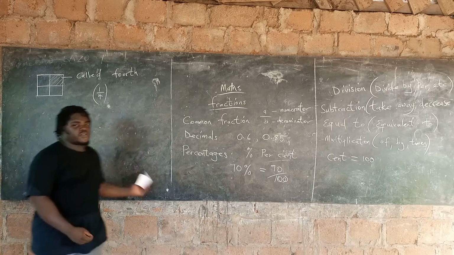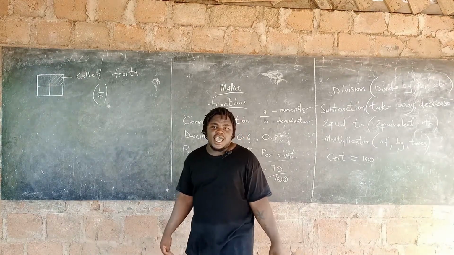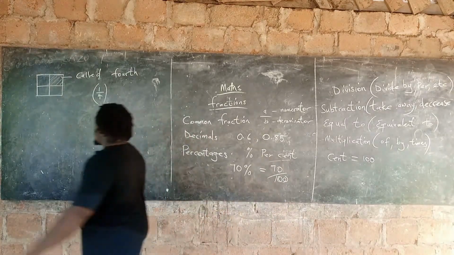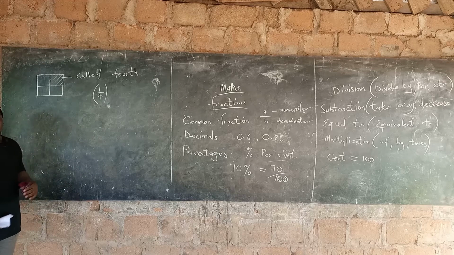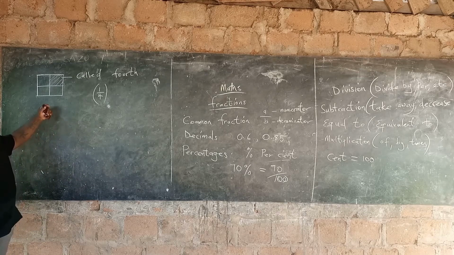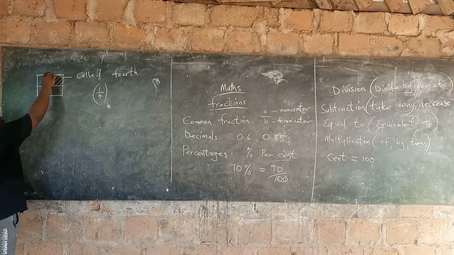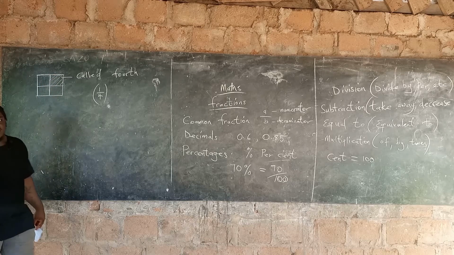When we talk of fractions, what we mean is a part of a whole. So for instance, look at this square. Let's say, or let's take it as a biscuit. This square is a biscuit. And then we've divided the square into 4 equal parts.